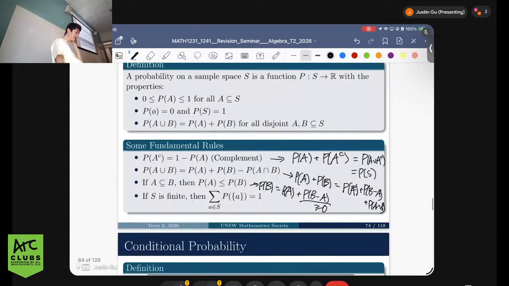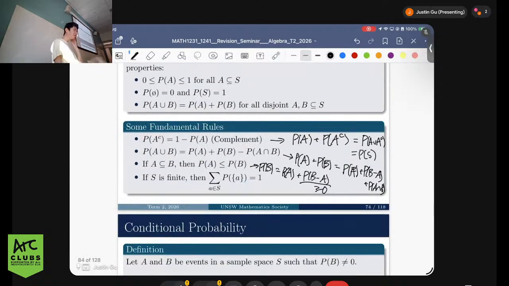And if S is finite, then the sum of all probabilities over the individual events should equal 1. You can also prove this just by taking the union of everything here.